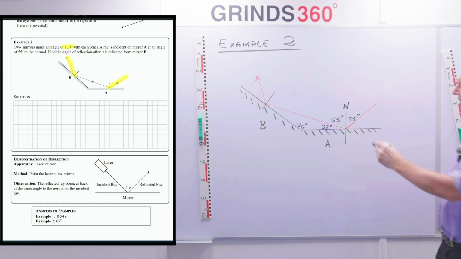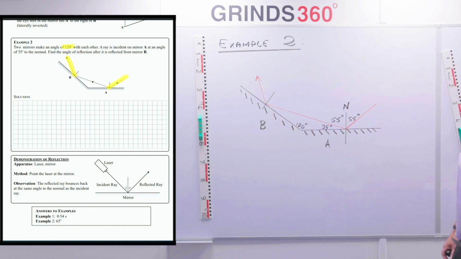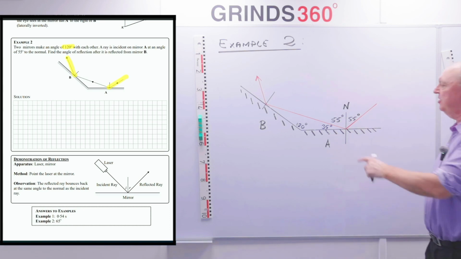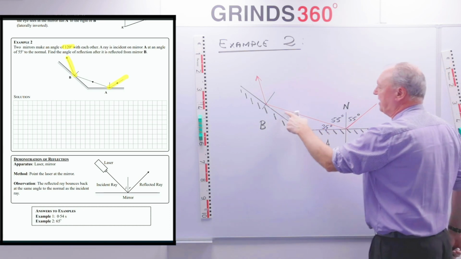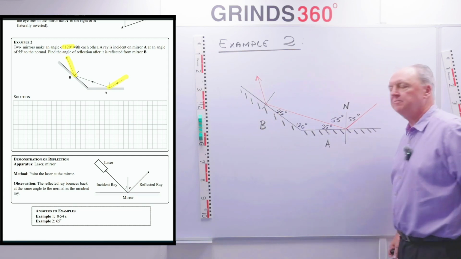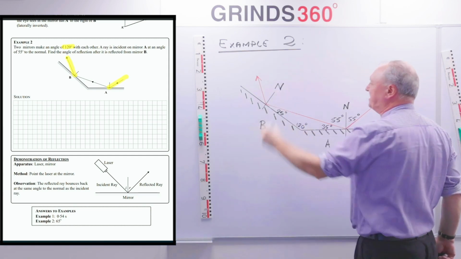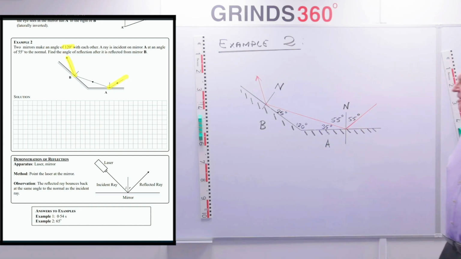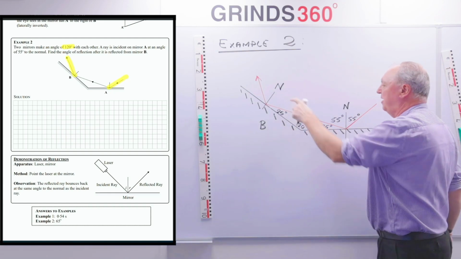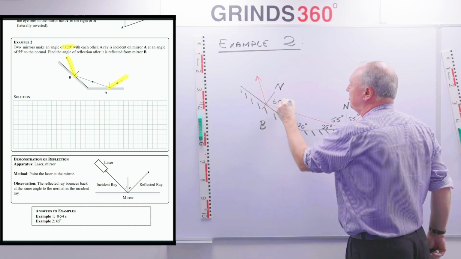Next, I've got a triangle here. The three angles of a triangle add up to 180 degrees. So this final angle in the triangle will be 25 degrees. Once again, we're over to the normal, which makes a 90-degree angle with the surface. If that's 25 degrees, 90 minus 25 gives me 65 degrees.